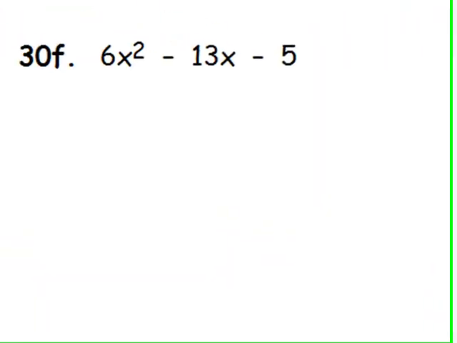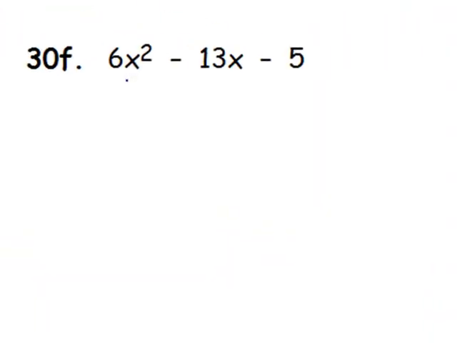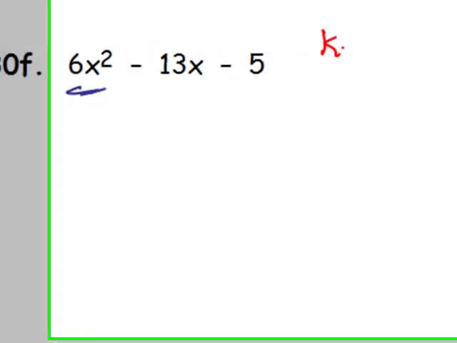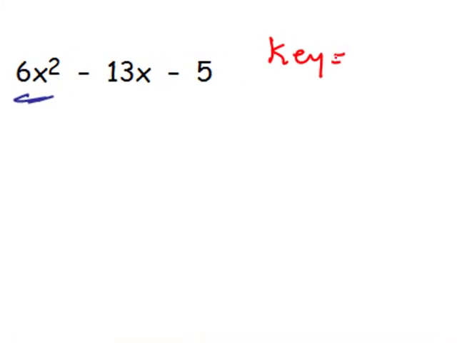For number 30f, the first term is 6x squared. That means that it is not a simple binomial, and we must use the factor game and factor by grouping to actually factor this trinomial. In this case, the key number, product number, is 6 times negative 5, which is negative 30, and the sum number is negative 13.